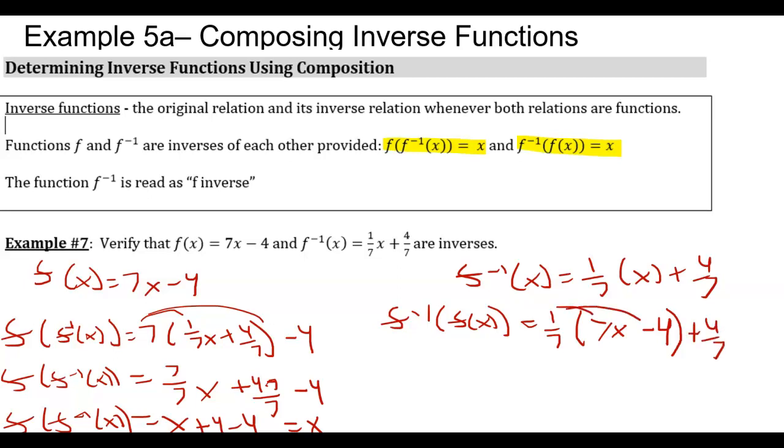After I distribute my 1/4, I made a mistake there. I also have an output of an x. So basically, moral of the story, when you compose two functions, if they are inverses, you will get out an x. And we got out an x there as well. So I understand it looks messy.